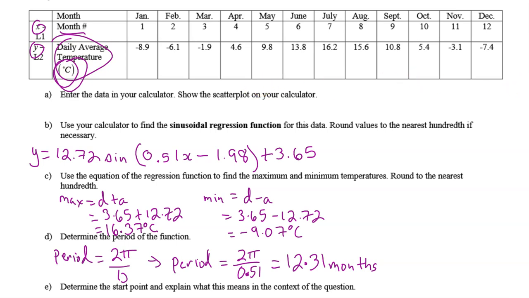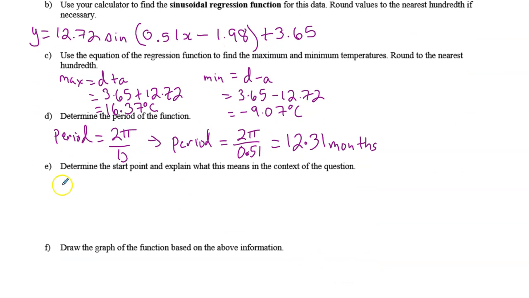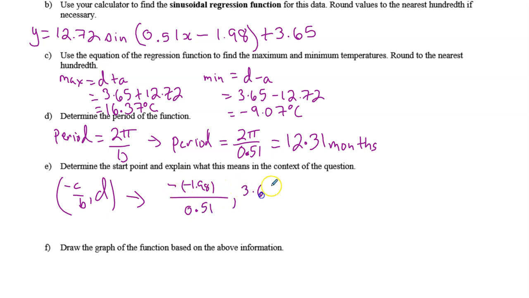Determine the start point and explain what this means in the context of the question. So if we want you to work out a start point, because this isn't given to you on the formula sheet, we would give you the formula for start point. So for us, it's going to be negative 1.98 over 0.51, comma, and D is 3.65.